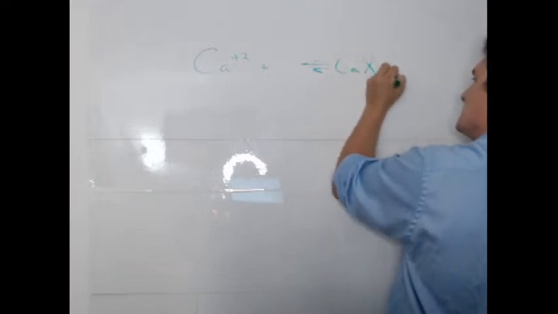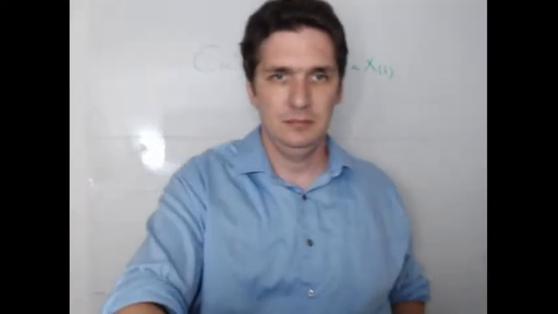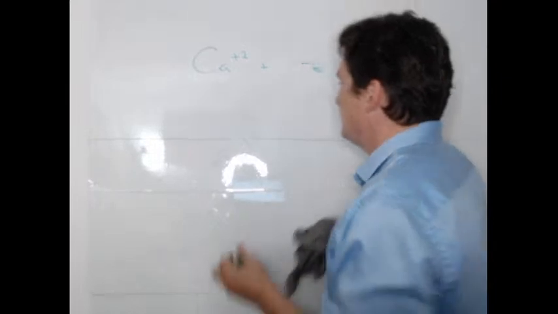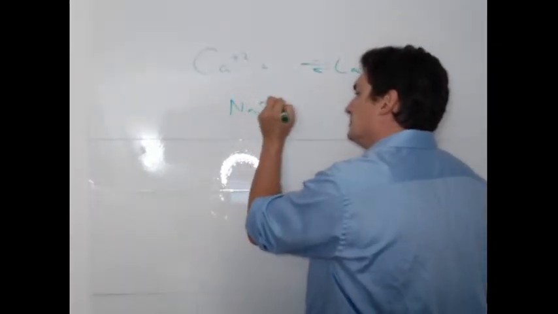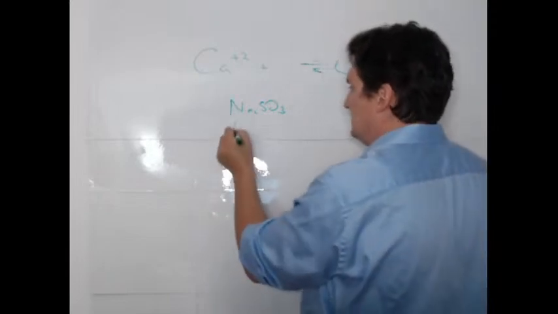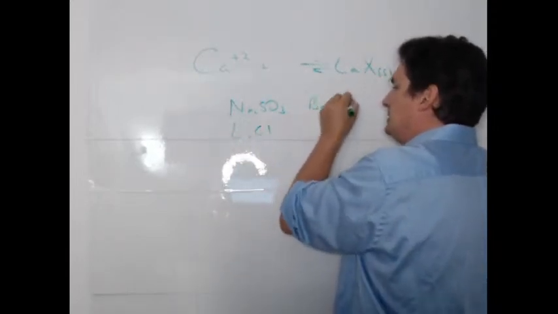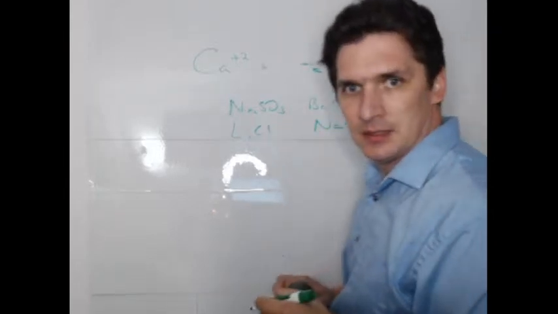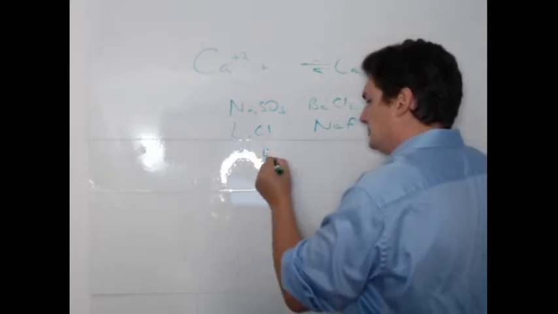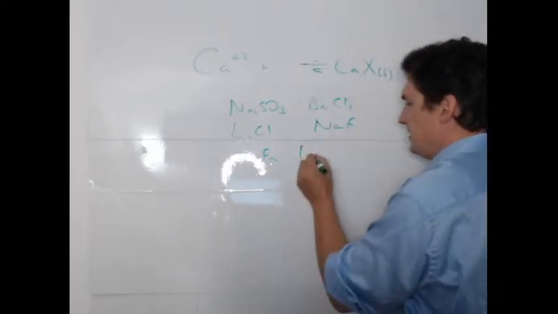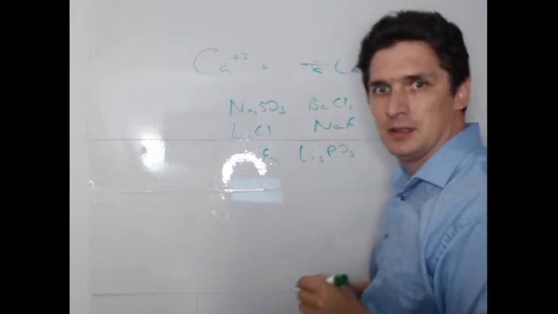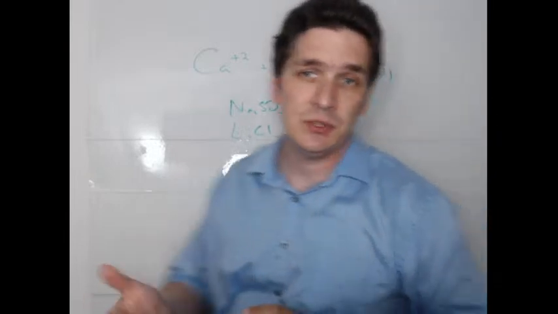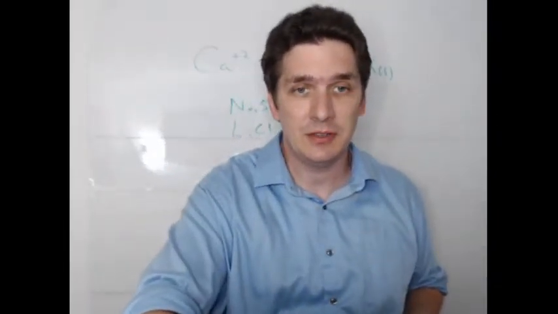So we'll say X solid. We got a few options up here: sodium sulfite, lithium chloride, barium chloride, sodium fluoride, magnesium fluoride, lithium phosphite, cesium phosphate. And the question is, which one of these would be best? Which of these would be good for removing the hard water?